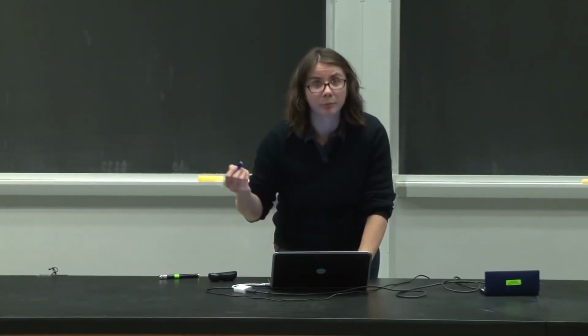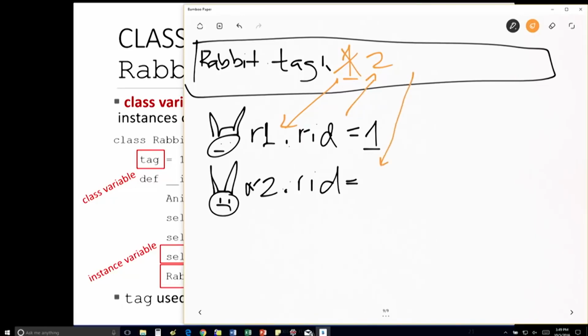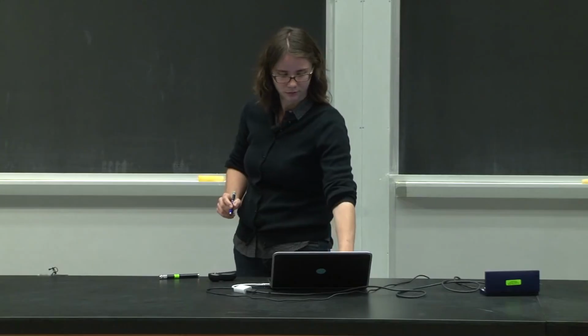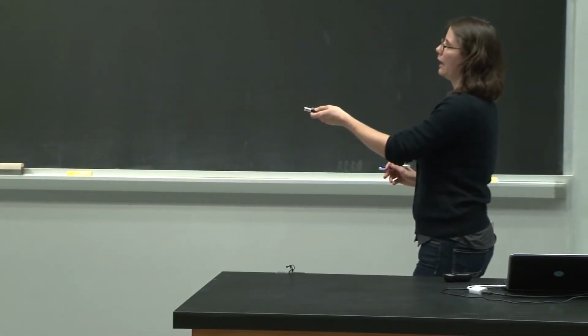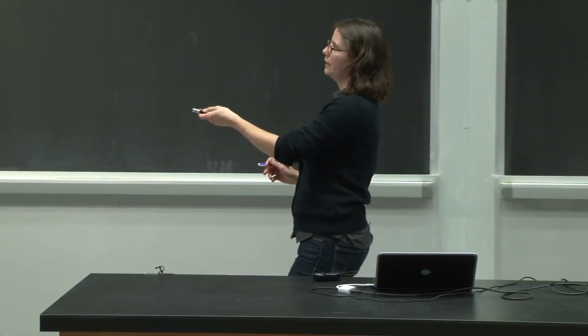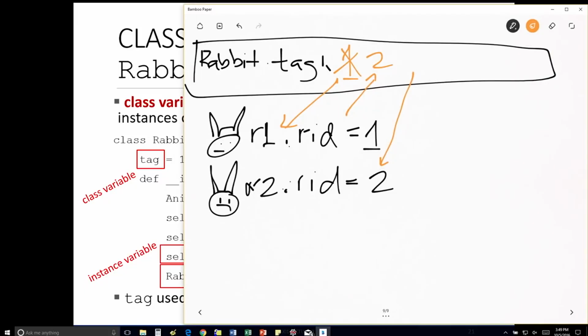It was changed by the previous creation of my rabbit, so now I'm going to access that. So the value is going to be 2. And according to the code, the next thing I do after I create the instance RID is increment tag. So I'm incrementing the class variable to be 3.